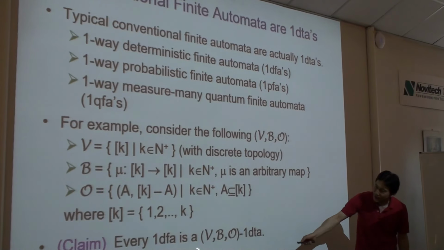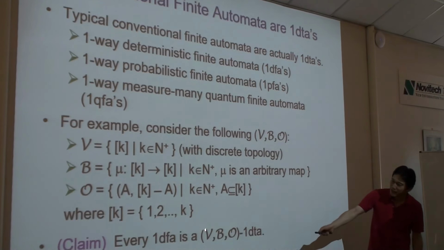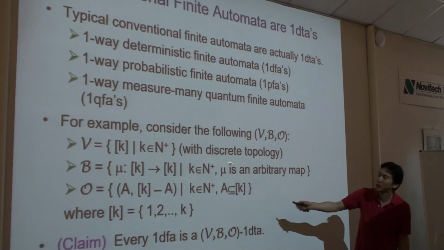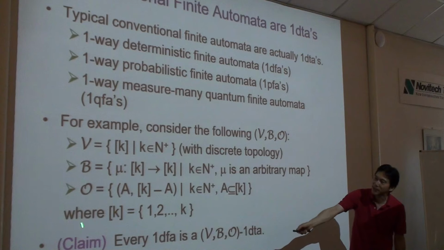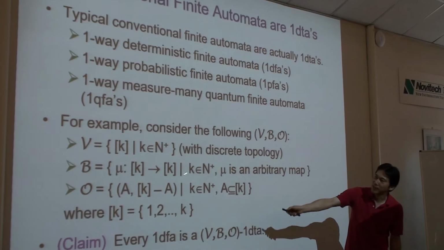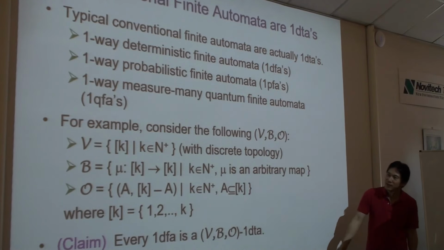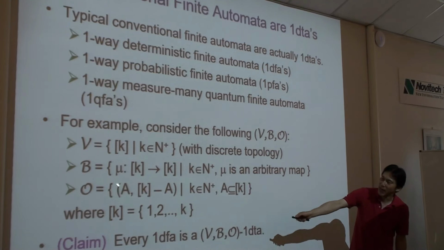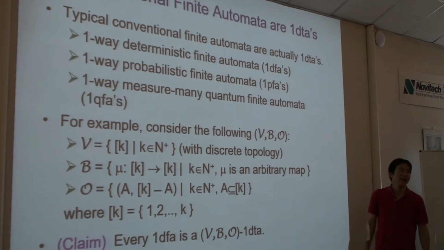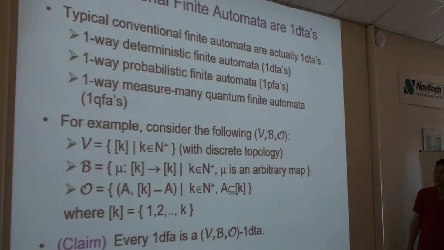If we carefully choose the V and the B and the O, for example, V is a finite set, B is the set of operators, and O is A or the complement of A, corresponding to the set of K, right?